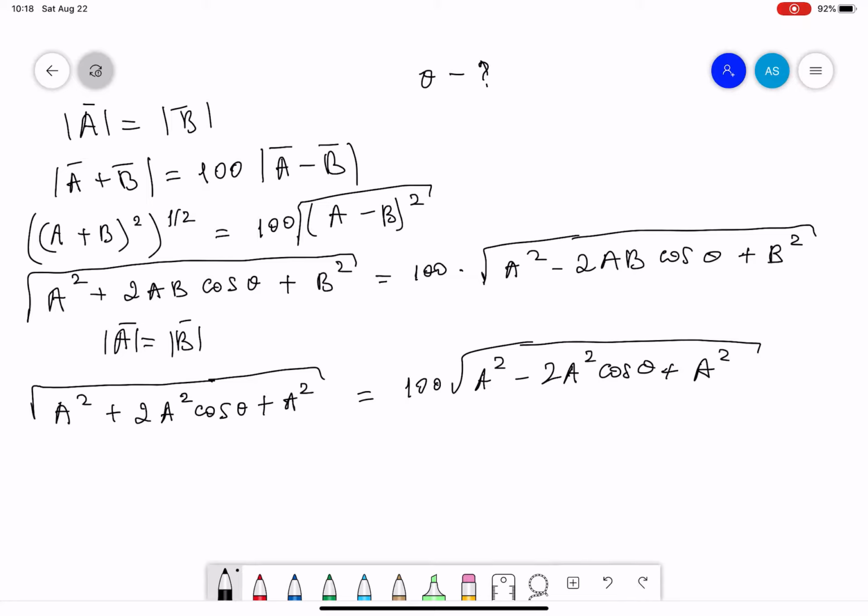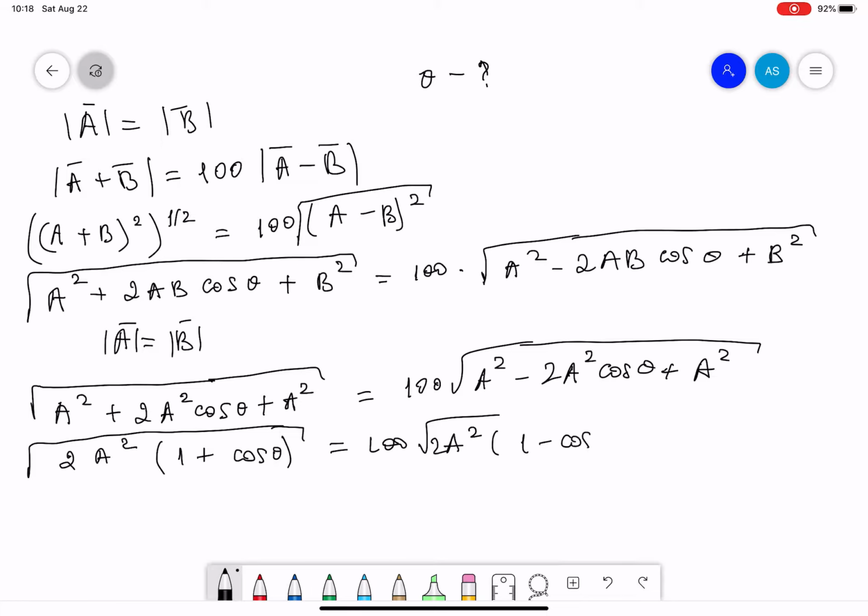Now let's simplify our equation. When you simplify it, you will get a squared times 1 plus cos theta equal to 100 times 2a squared times 1 minus cos theta.